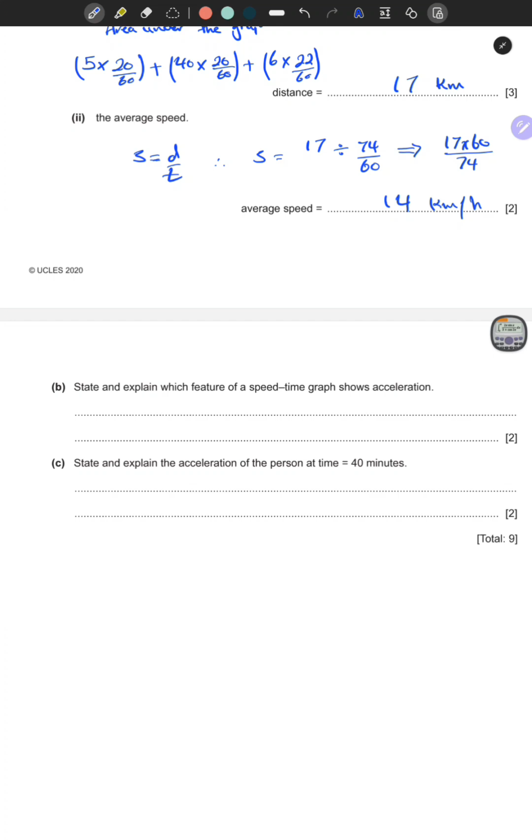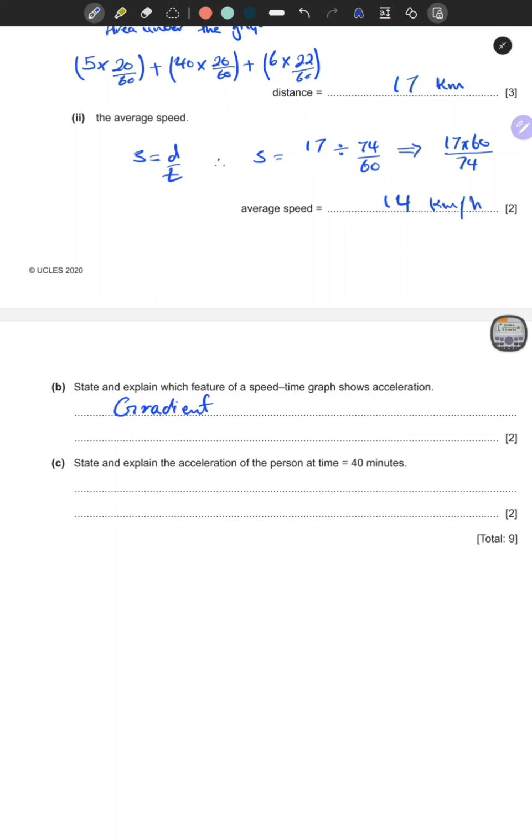So, I will say here the gradient, and explain with the feature of the graph.